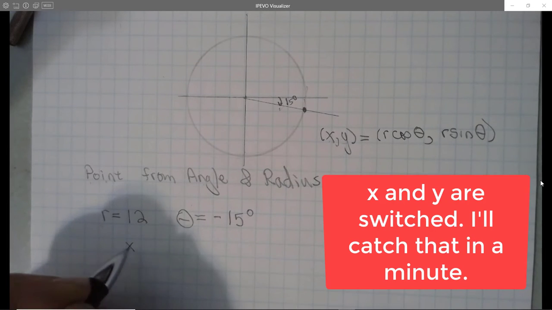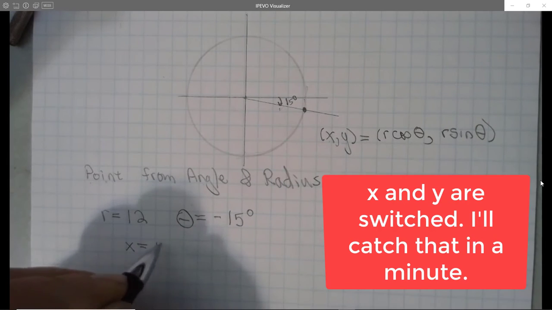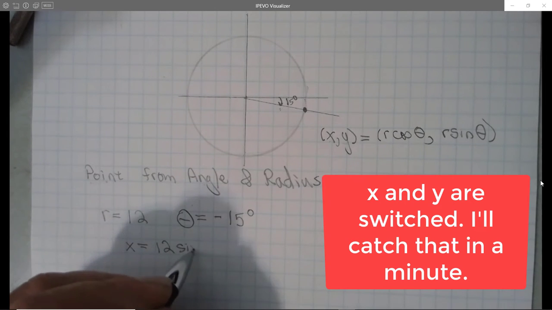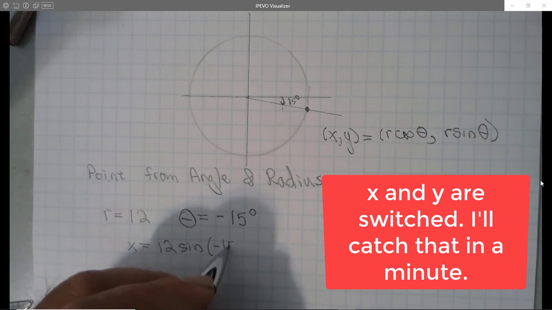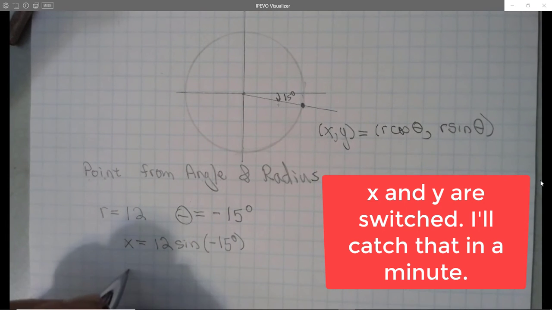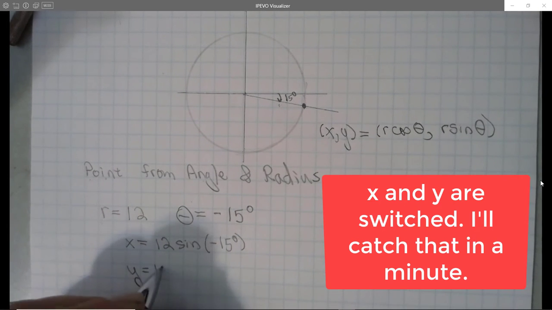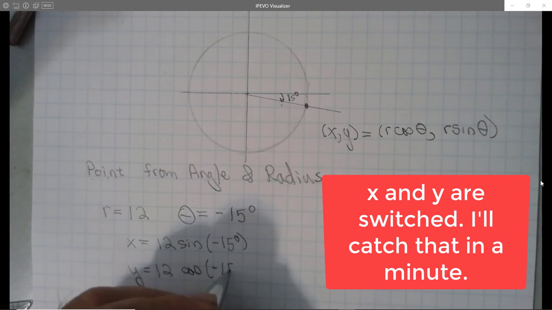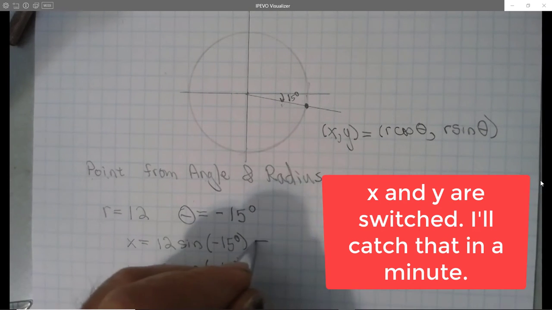So x is equal to the radius 12 times the sine of minus 15 degrees, and y is the radius, that's 12, cosine of minus 15 degrees.